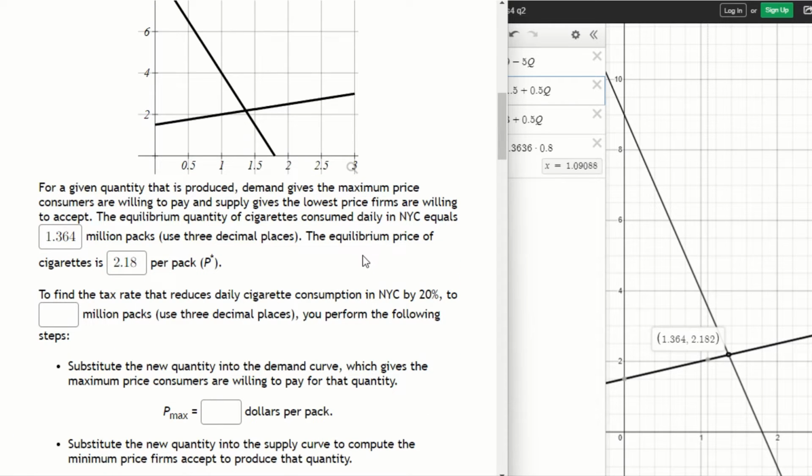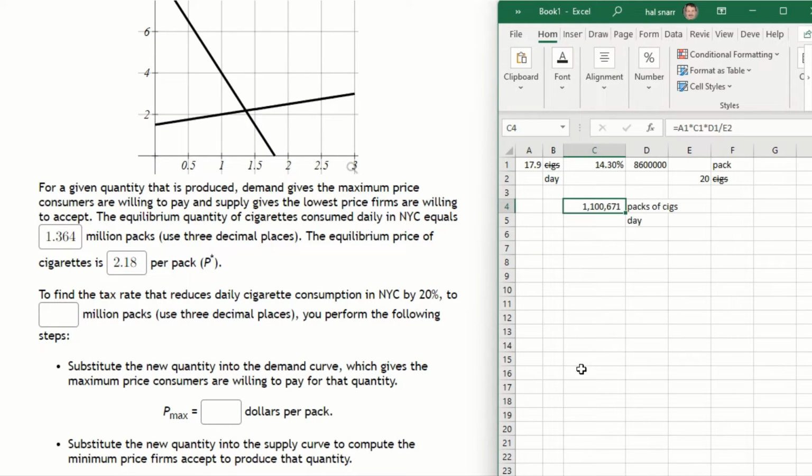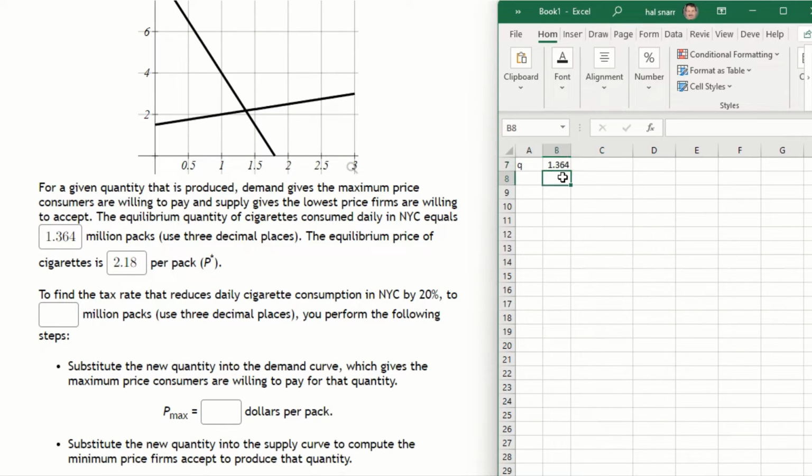Okay, so now we want to find the tax rate that reduces daily cigarette consumption in New York City by 20%. So what I'm going to do here is roll down. My quantity currently is 1.364, right? That's my initial quantity. I want to reduce it by 20%, right?